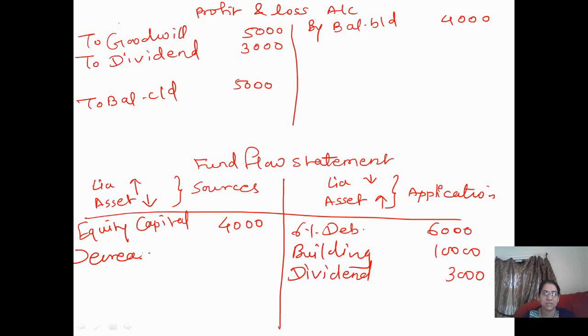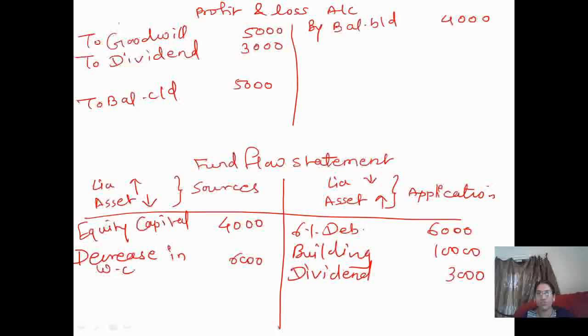The decrease in working capital amount was 6,000. In the fund flow statement, if there is a decrease in working capital, the amount should be shifted to sources, and if there is an increase in working capital, the amount will be on the application side. So the decrease in working capital amount goes on the debit side, the sources side.